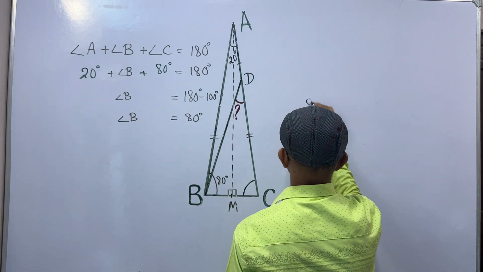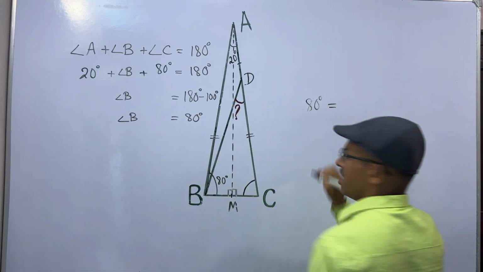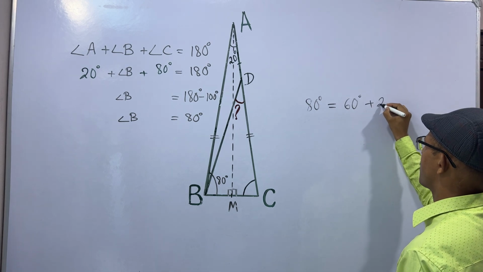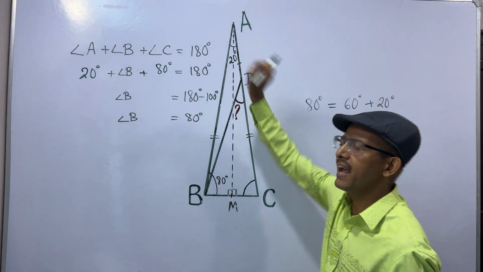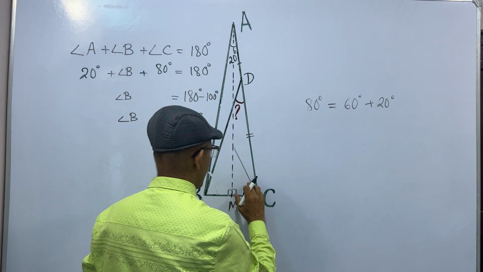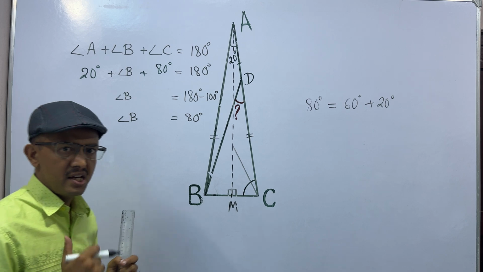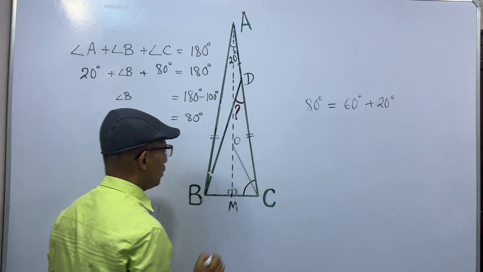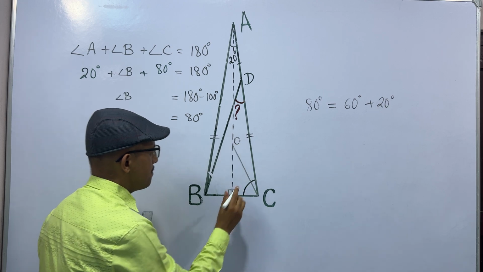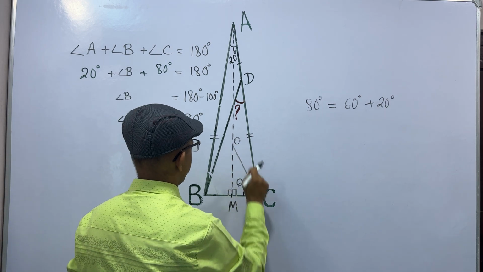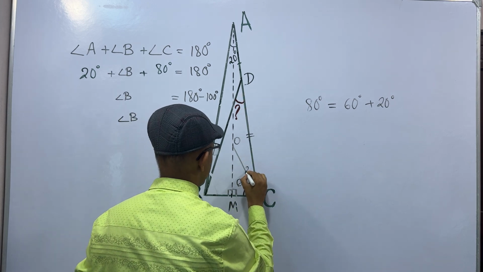Observe that 80 degrees can be written as the sum of 60 degrees and 20 degrees, and angle A measures 20 degrees. So what we do is we break angle C in such a way that if this point denotes O, then angle OCM measures 60 degrees and angle OCA measures 20 degrees.